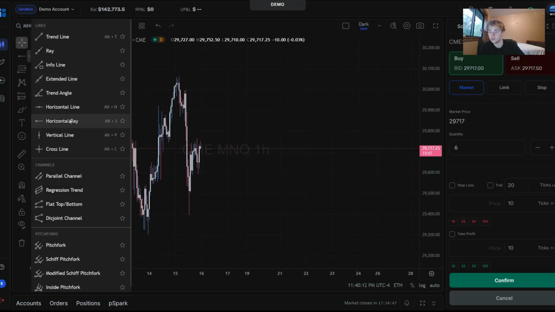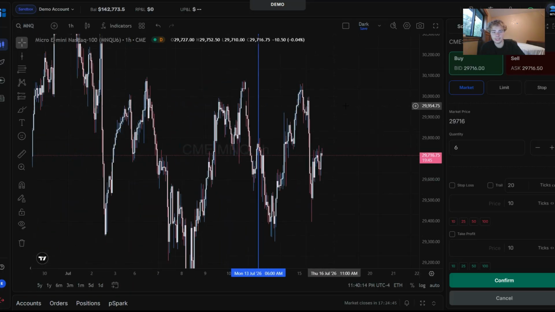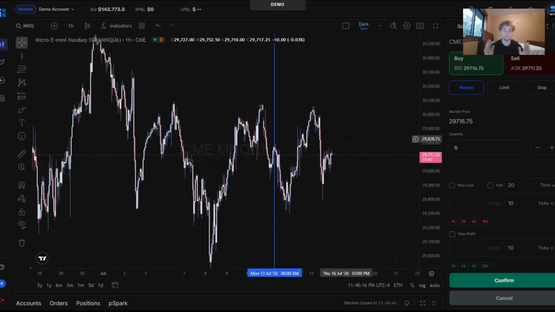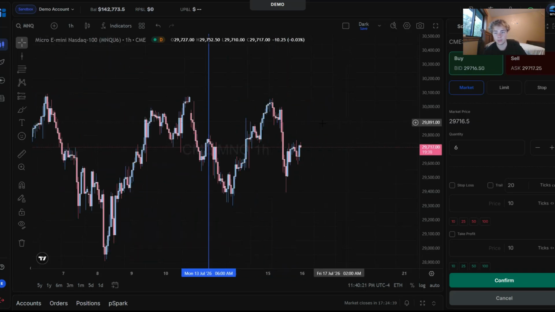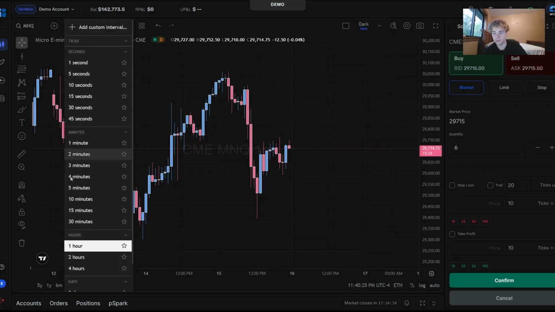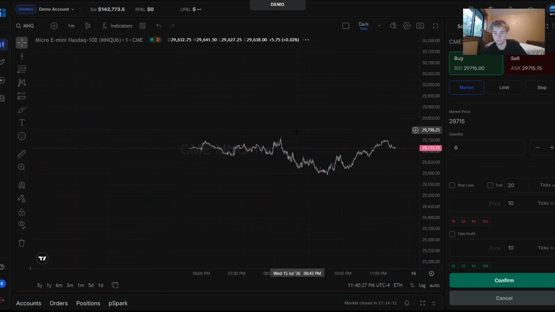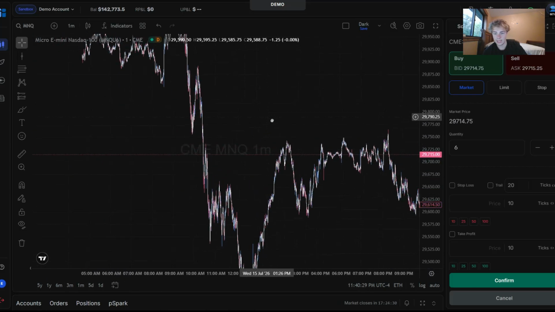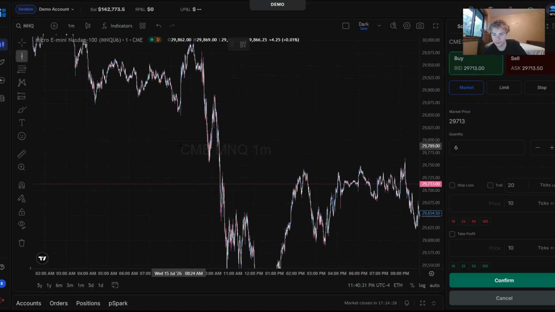So there's also vertical lines. You can use these to mark out a certain range of time if you want to, or mark out where sessions begin or end. So let's go to like right here. It's 9:30.